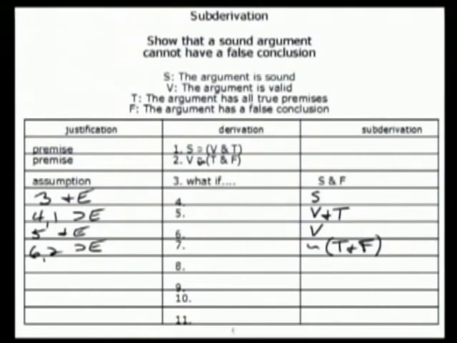Yeah. From 5, ampersand elimination. Now we have T, right? And from 3, ampersand elimination, we have F. And from 8 and 9, ampersand introduction, we have T and F. And there, the contradictions appear in lines 7 and 10, right?